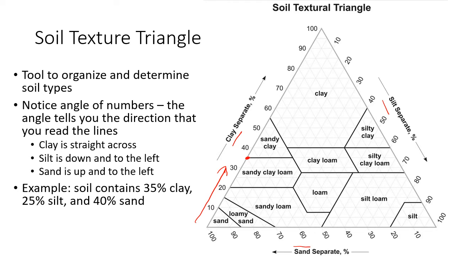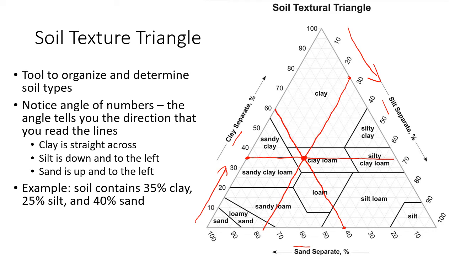And then I'm given 25% silt, so 25% silt from the top left down to the bottom right, and 40% sand, right? If I follow those three lines in, there's going to be a point where they all intersect. In fact, you only need two of the three because the third one is going to add up to 100%, and it should be right there in clay loam.